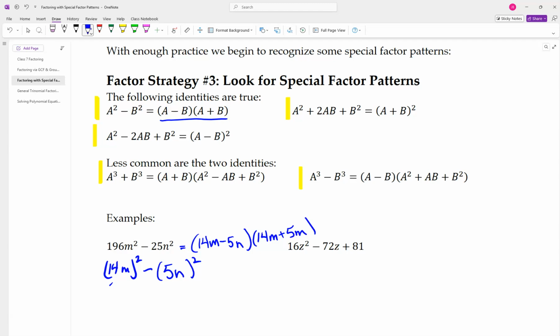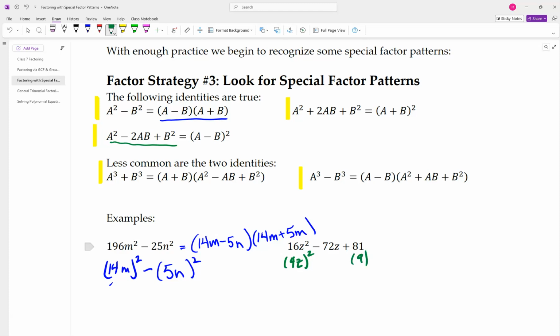Up next, 16z squared minus 72z plus 81. Again, I'm looking through my patterns. That one doesn't work, but there's a minus, so I'm thinking I'm going to use this one here, maybe, because 16z squared is 4z all squared, and 81 is 9 squared.